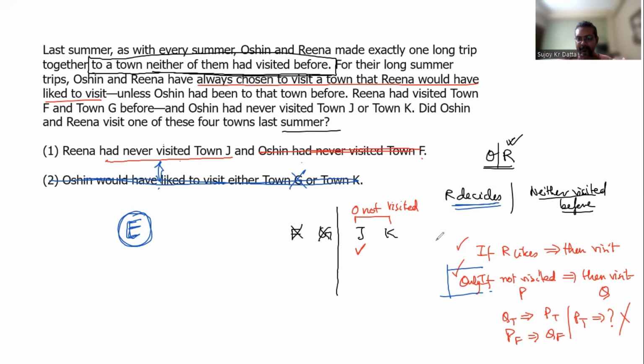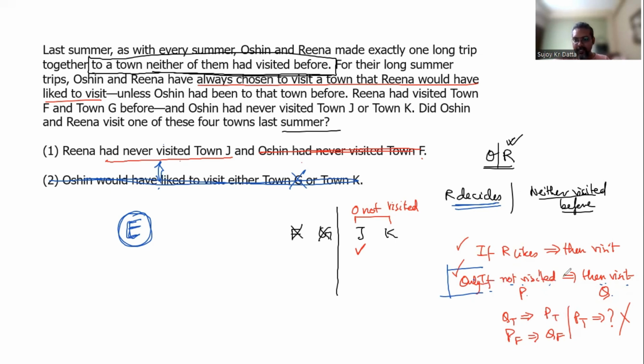Okay. So I'm just repeating that part again. R had never visited J. The statement was: only if not visited, then they will visit. That means if "not visited" is P and "visit this year or last year" is Q, with "not visited earlier" being P, then Q true means they visited last year would have implied that they had not visited earlier. And P is false.